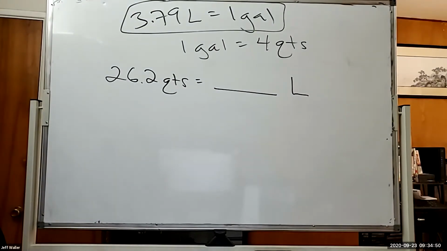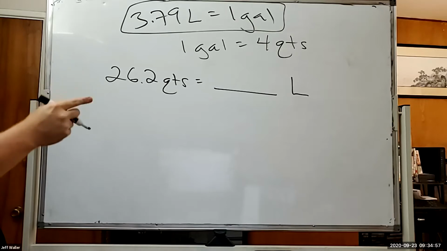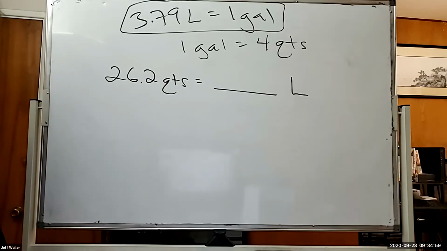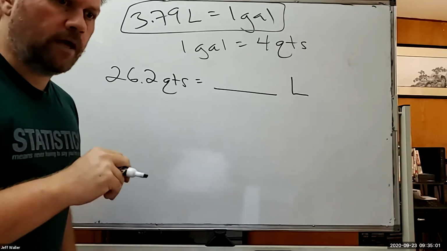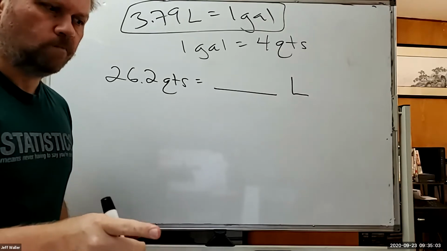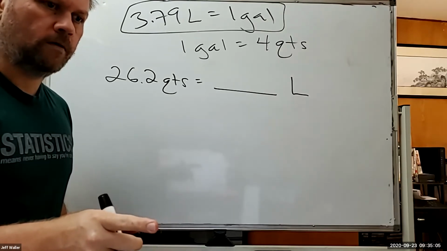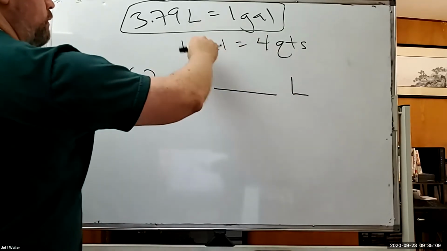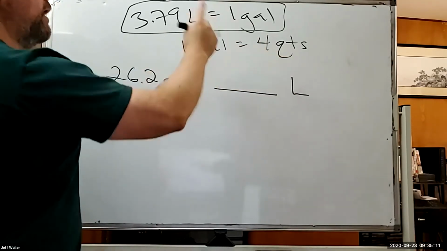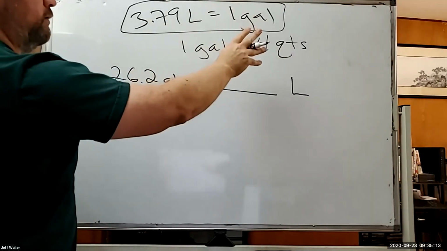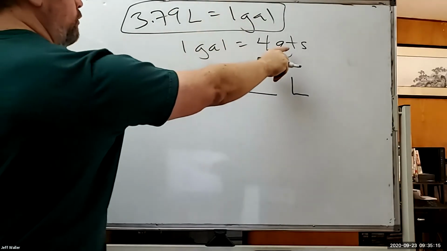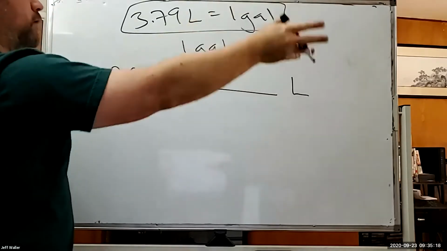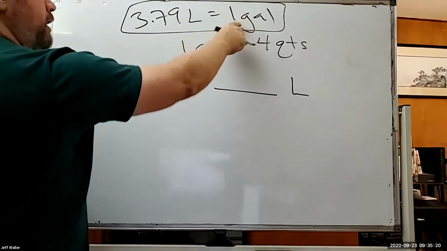What's kind of off about this question that wasn't a problem before? You have a gap, because you went from quarts to liters, and we're dealing with liters to gallons up here. Do I have a conversion that goes from quarts to liters anywhere? No. I've got a middleman here, right?